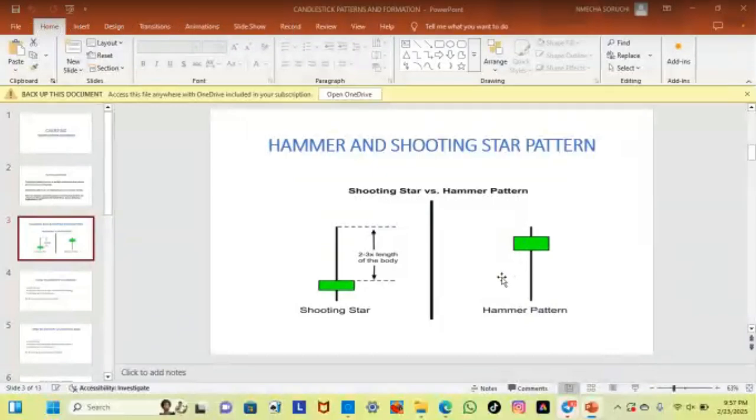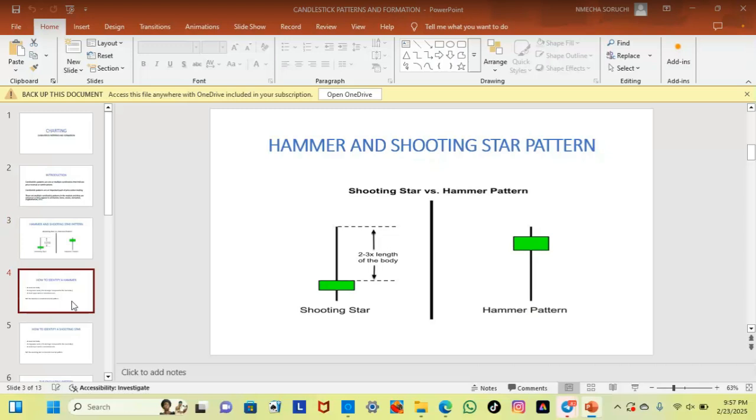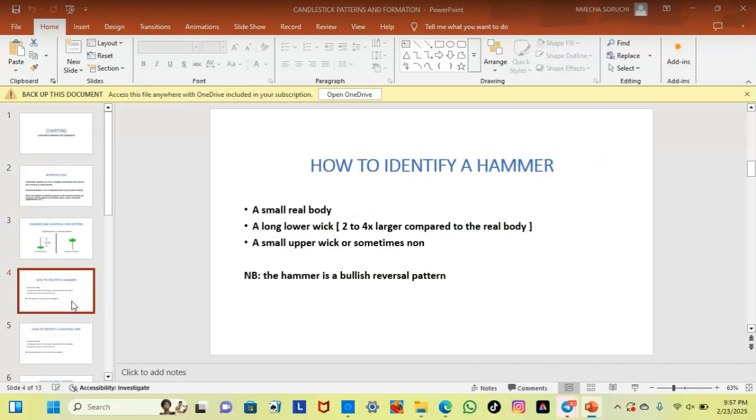So number 1, how to identify a hammer pattern: it has a small real body. Number 2, it has a long lower wick that is 2 to 4 times larger compared to the real body. The third one, it must have a small upper wick or sometimes none.